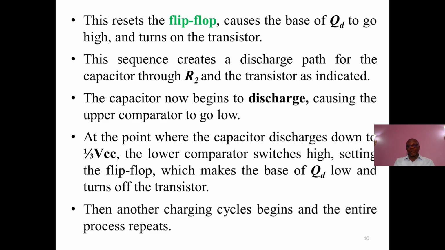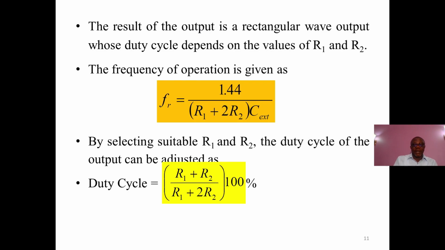The two comparators work at different times, thereby giving different outputs that show the top edge and bottom edge of your rectangular waveform, or it could be a square waveform depending on the value and the time constant you have chosen.